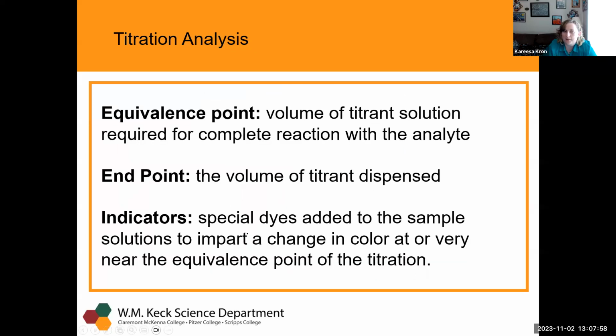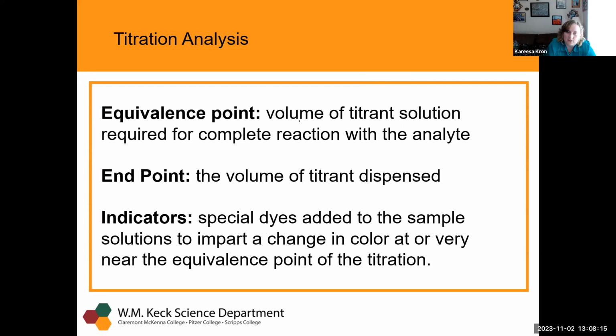And the way that we talk about that is using the language of equivalence point. The equivalence point is the volume of our titrant, or what we're adding, that we require to completely react with the analyte.